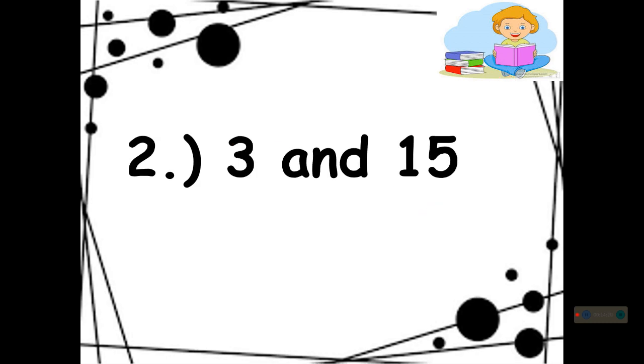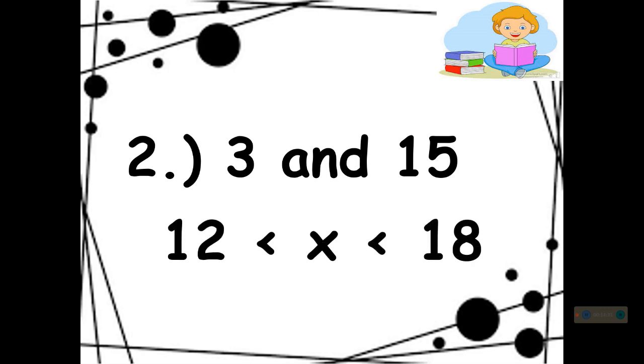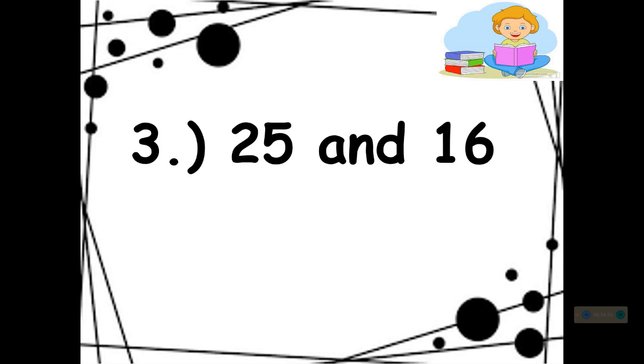Next, number 2. We have 3 and 15. So we have 15 minus 3 is 12, and 15 plus 3 is 18. So, x is greater than 12 but less than 18. Next, number 3, 25 and 16. That's correct, x is greater than 9 but less than 41.